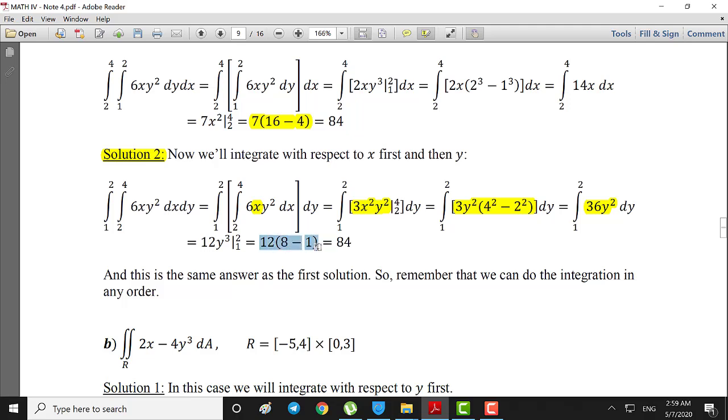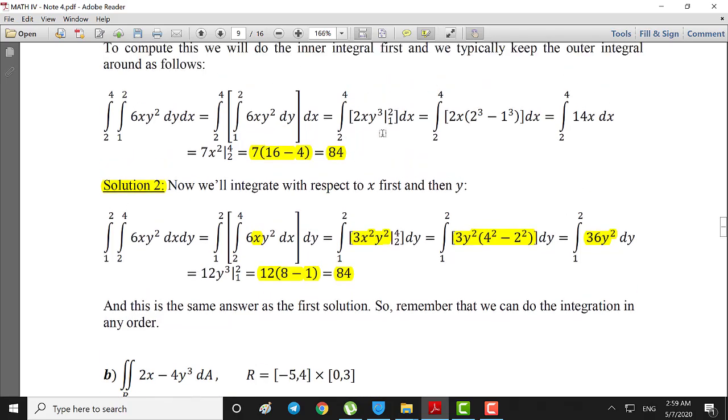So you see that the result of the calculation, no matter which integration we choose to do first, is going to be the same. Here also we got 84, right?